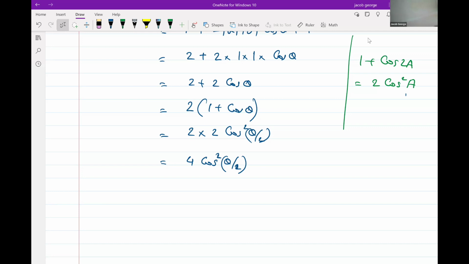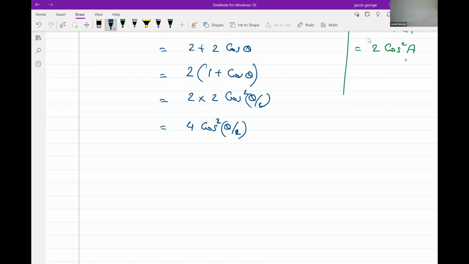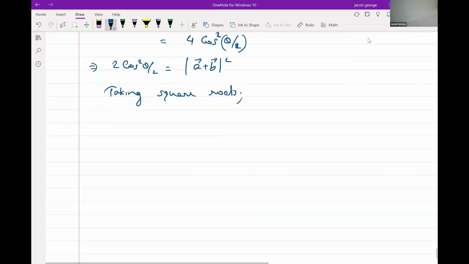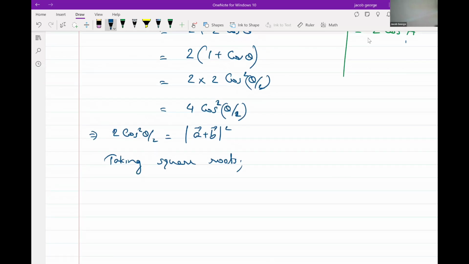This is the last step, taking square roots on both sides, which means now we have 4 cos square theta by 2 is equal to magnitude of vector A plus vector B square. Taking square root, what do you get? 2 cos theta by 2 is equal to magnitude of vector A plus vector B.